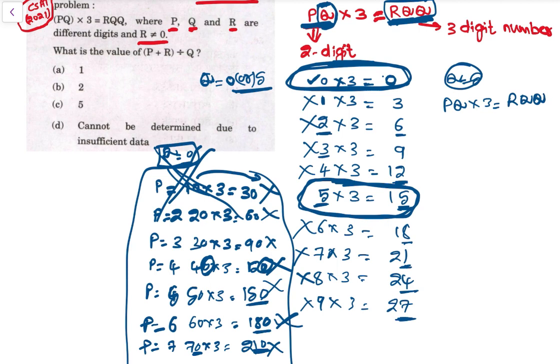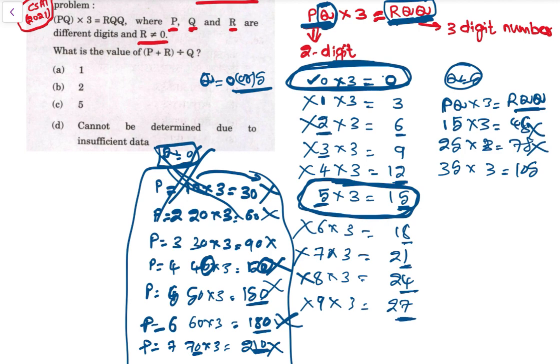Let's check. p 0 cannot be there, so if p is equal to 1, then q5, 15 into 3 is 45, this is a 2 digit number, rqqq is a 3 digit number. Then 25 into 3 is 75, again a 2 digit number. Then p is equal to 3, 35 into 3 is 105, so this is not it either. Then p is equal to 4, 45 into 3 is 135, again the q digits are not the same.